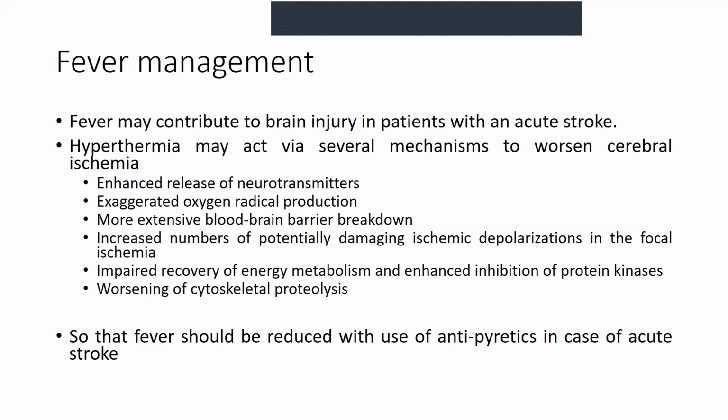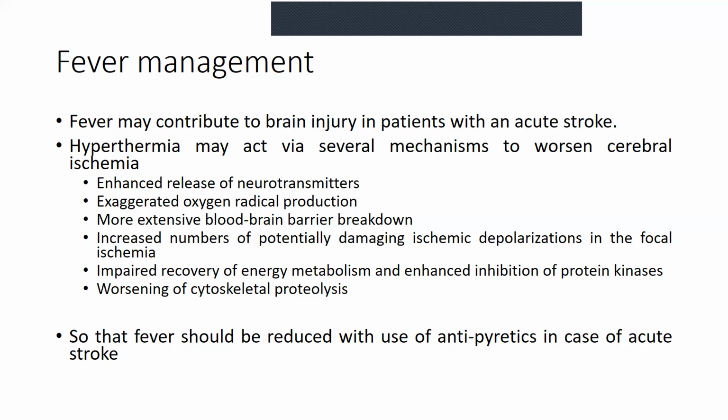In a similar condition, we also see if there is fever or not in the patient. Fever may cause brain injury in acute stroke. It may act through several mechanisms to worsen cerebral ischemia, like enhancing release of neurotransmitters and exaggerating oxygen radical production. It also causes more extensive blood-brain barrier breakdown.